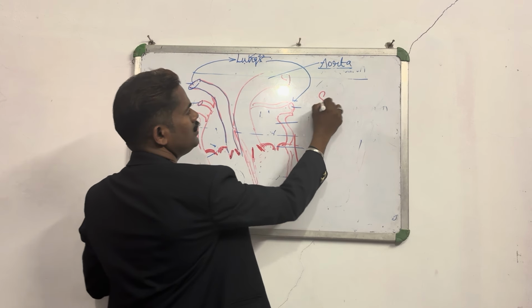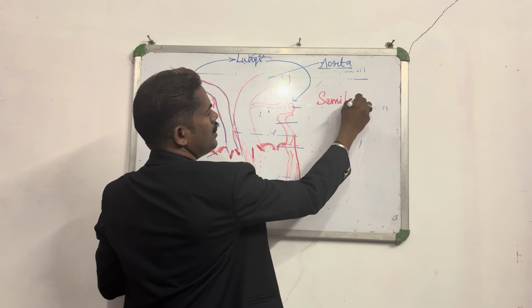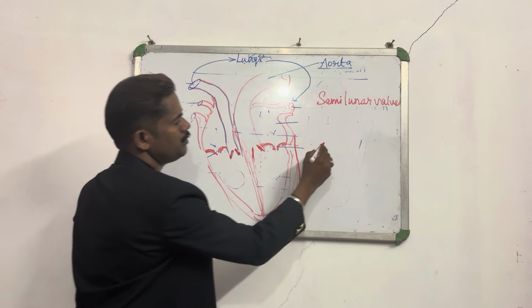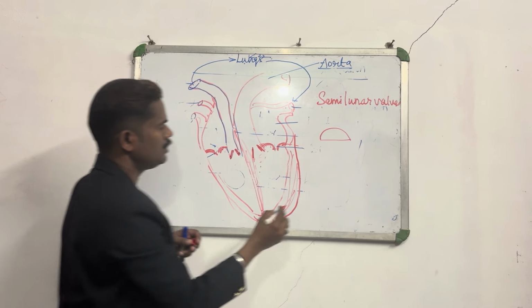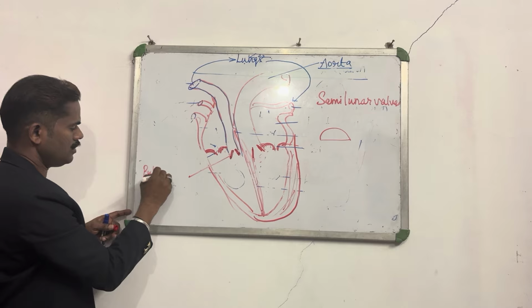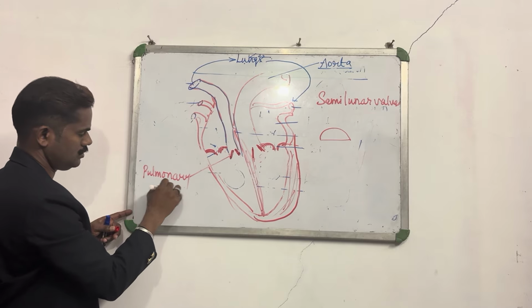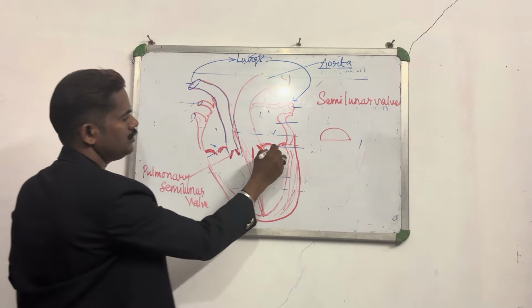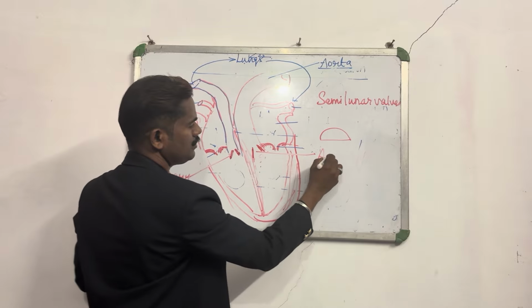These are called semilunar valves. Semilunar, that is half moon-shaped valve, like this. So this valve is called the pulmonary semilunar valve, and this is called the aortic semilunar valve.